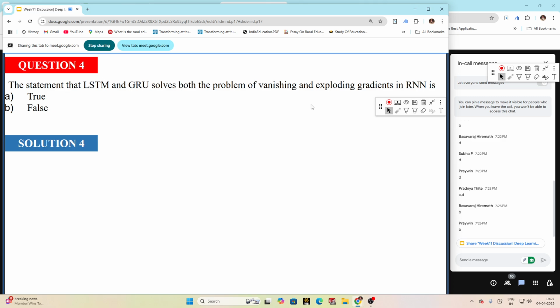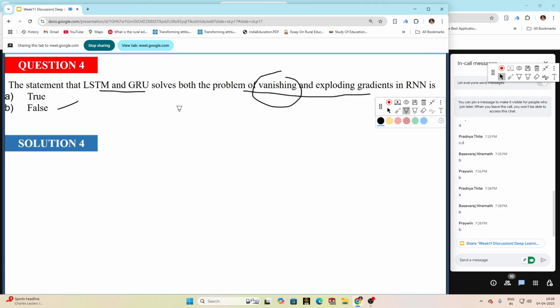The statement that LSTM and GRU solve the problem of vanishing gradient and exploding gradient and RNN, option A true and option B false. Option B is false, right? LSTM as well as GRU will solve the problem of vanishing gradient, because as we are applying gates, we are narrowing this implicit term.